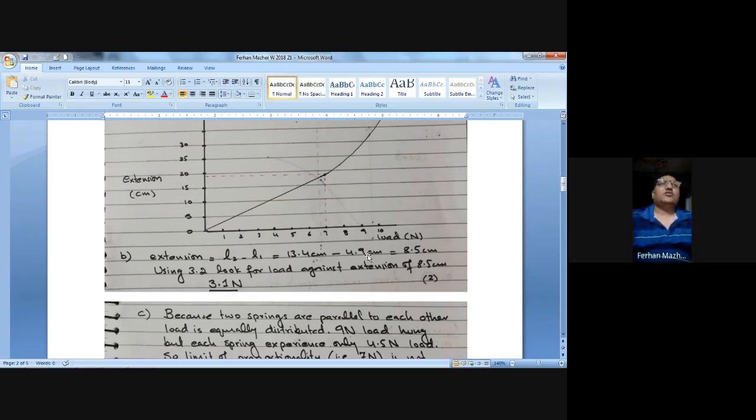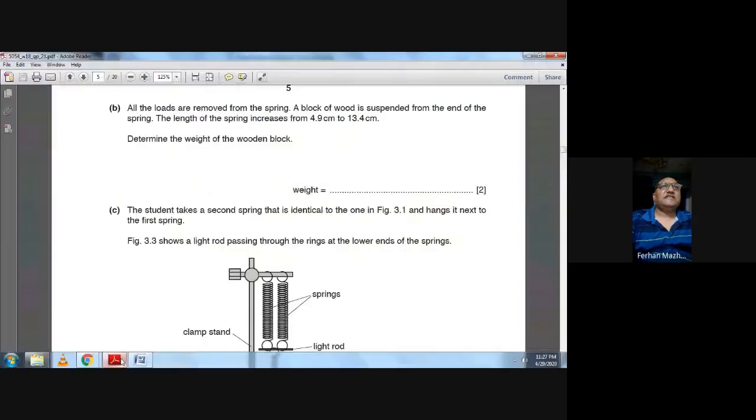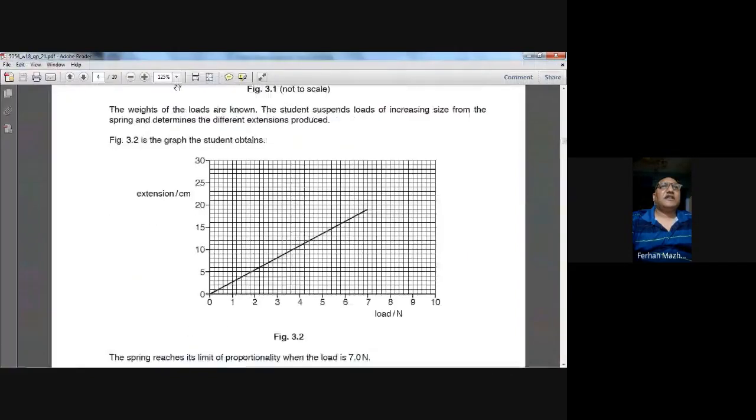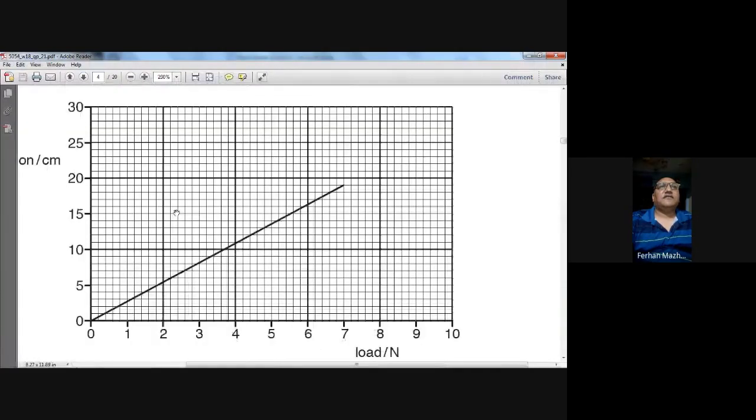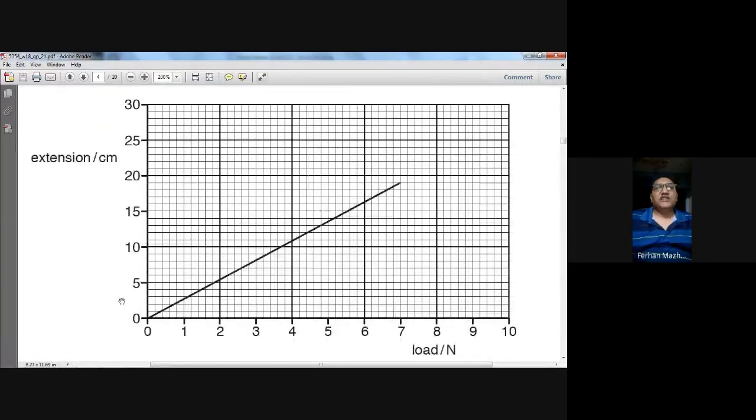Let me show you how you will do this. Let me increase its size so you can clearly understand. So this is that graph. The extension is 8.5, so 8.5 extension is here somewhere. From here, go to the extension load graph, suppose here.